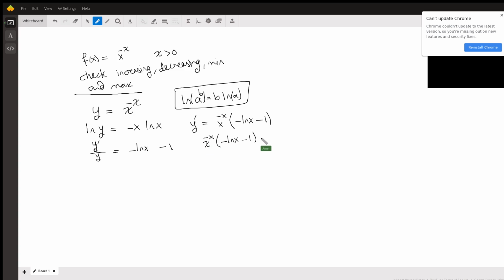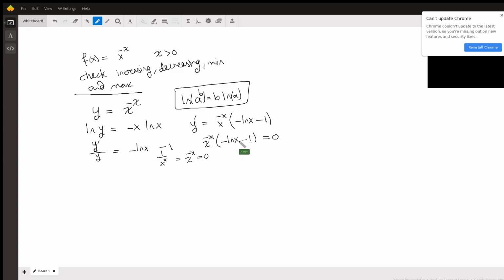Now we have a product of two things equals 0, so one of them equals 0. So either x to the minus x equals 0, and this is impossible. You can think about this as 1 over x to the x, and for x values bigger than 0, this will never be 0.